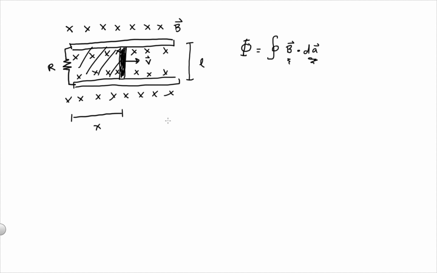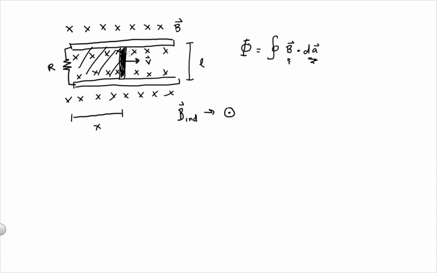Well, that is going to drive a current, and that current is going to try and fight the addition of more field lines that are pointing into the page. And so in order to fight that, it's going to try and produce a magnetic field. There's going to be an induced magnetic field that has a direction that is out of the page, right?